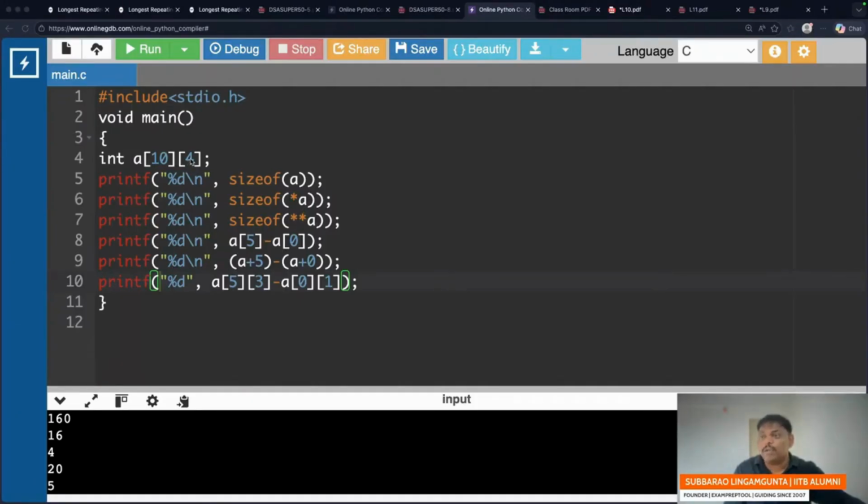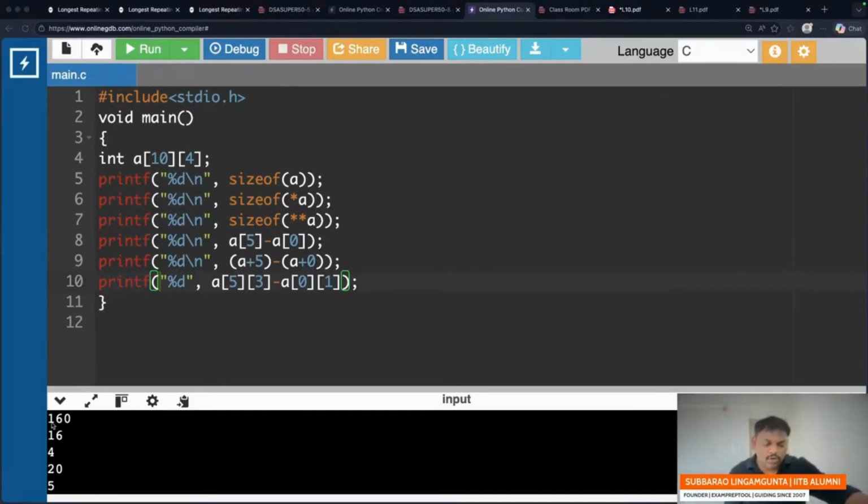Everyone is 4 bytes. When you say star, row selection is done, please be careful. So in that row, how many people are there? 4 people. What is the size? 4, 4, 16.